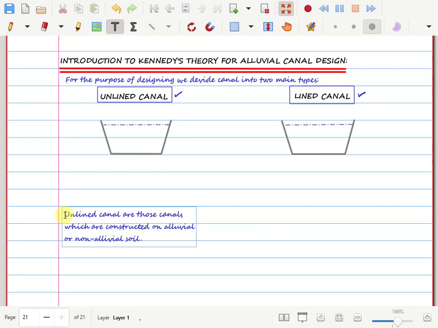So that means that these types of canals can be eroded easily because they are made up of soil, right? Alluvial and non-alluvial soil.